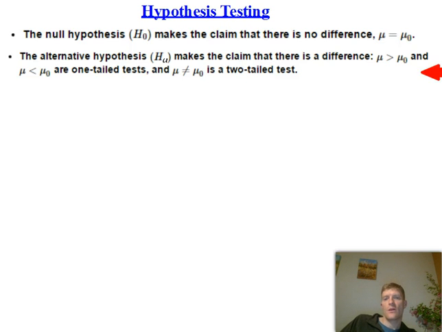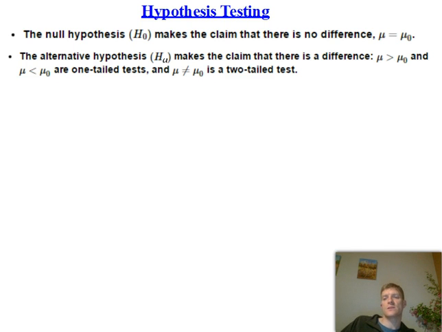When we're hypothesis testing, we have our two hypotheses. The null hypothesis is where we say there is no difference from the population mean, or population parameter, so the stated claim. And then the alternative hypothesis makes the claim that there is a difference, and the difference could be observed to be greater than the population parameter, or less than the population parameter.